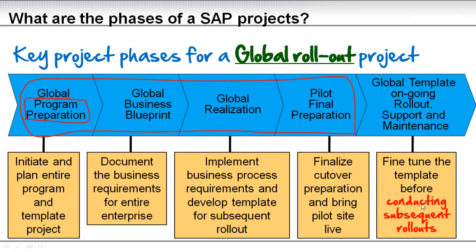And then you go into, as mentioned here in red, a process of conducting the subsequent rollout of that template to the remaining global locations. So the tasks are the same. You need to have a global mindset and you need to do some additional steps in order to tailor or prepare your template and your design for a global rollout.